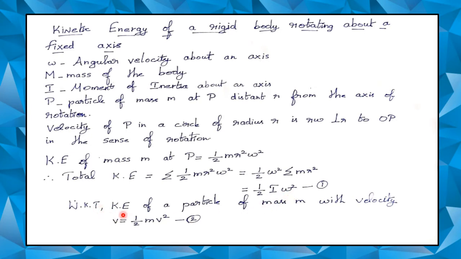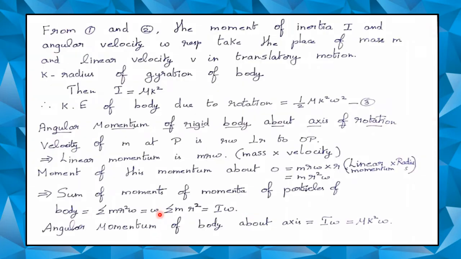And we already have an expression for the kinetic energy of a particle of mass m with velocity v, that is half m v square. Now you see equations 1 and 2. Here I takes the place of m and omega takes the place of v. That is, the moment of inertia I and angular velocity omega take the place of mass and linear velocity v in translatory motion.